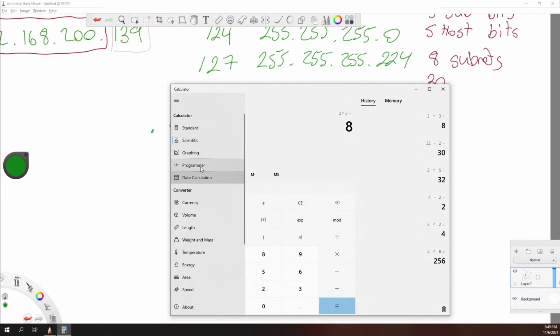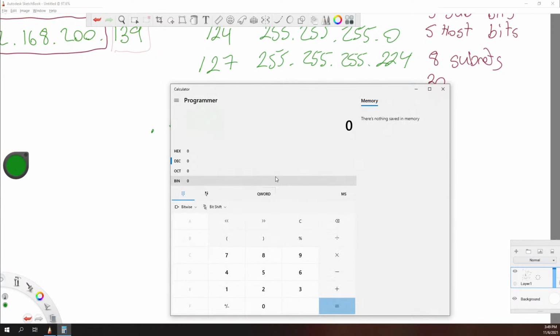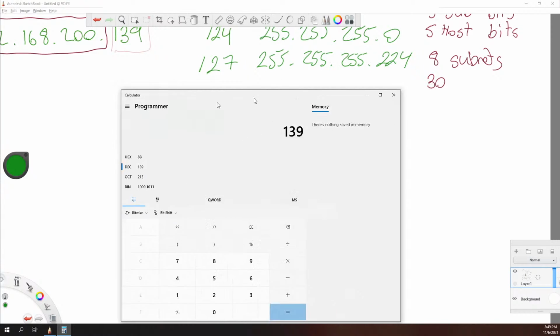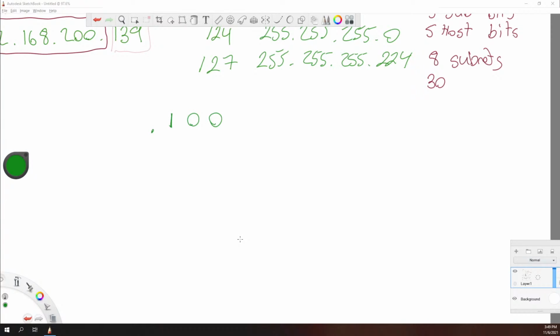We're going to go to our programmer side and type in our decimal of 139. So it's 1, 3 zeros, 1, 0. Perfect. So 1, 3 zeros. We need our 16. We don't need the 8, and then we need the last 2.